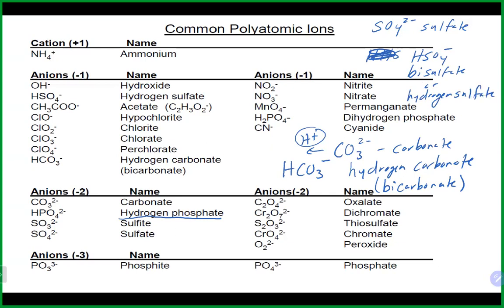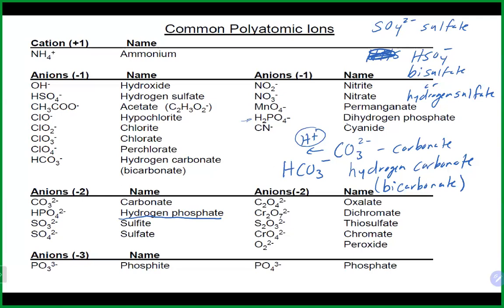So that's another very common thing you'll see on a polyatomic ion table. You could also have dihydrogen phosphate, which has 2 hydrogens. So you'll have some of these other things that can happen on our polyatomic ion table.